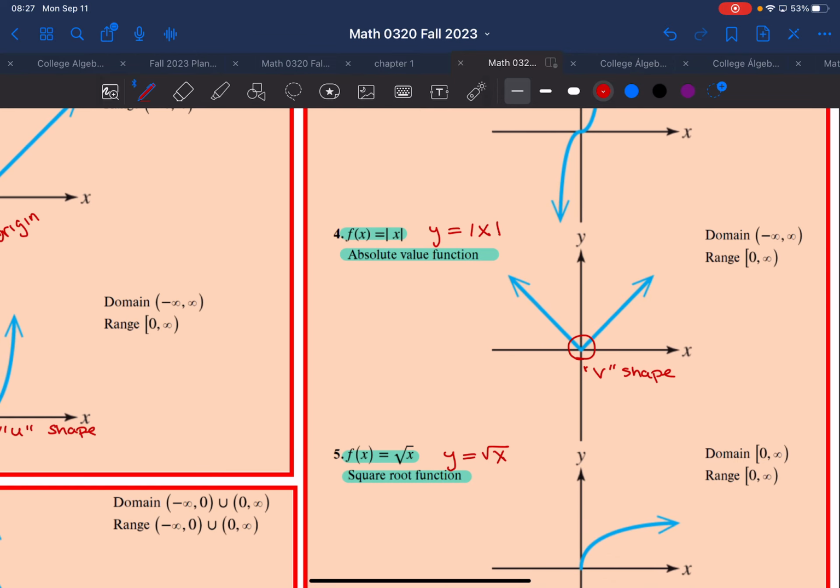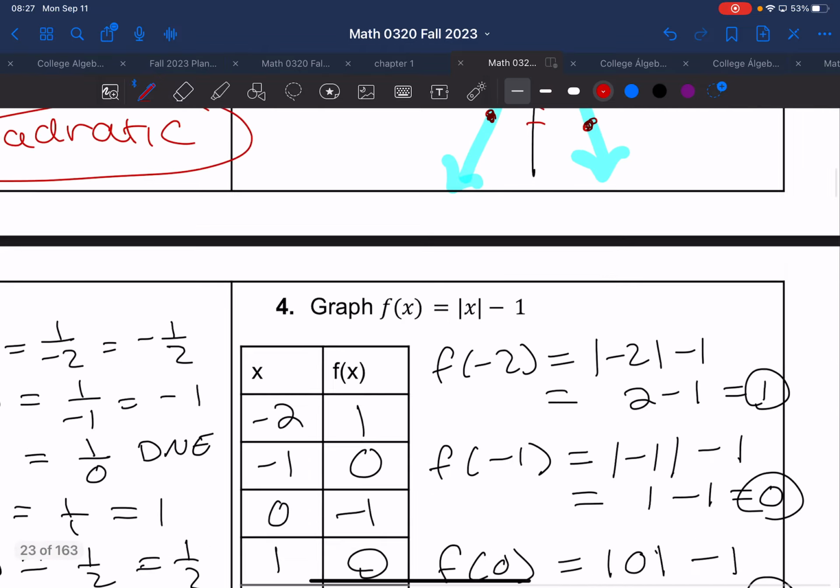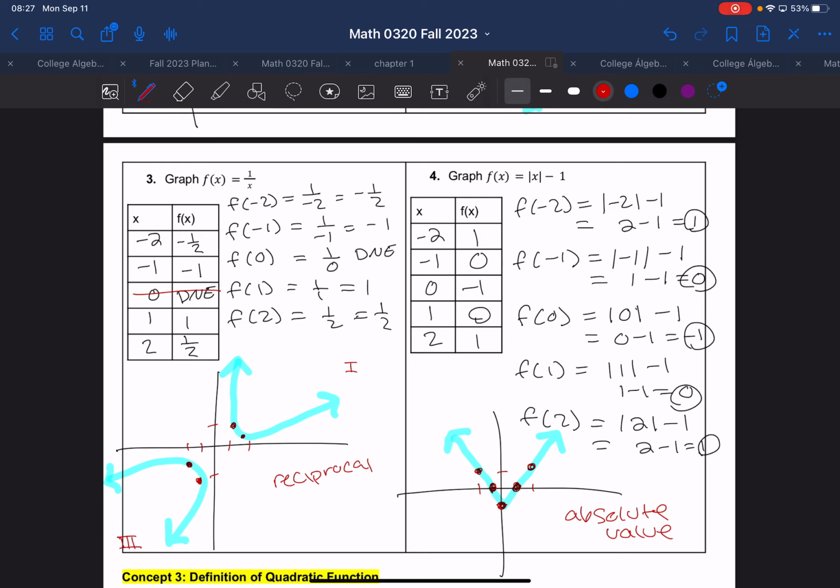At what point? 0. It was at 0, the origin. And then when we graphed it, since they added that -1 to the end, our absolute value function went down 1. So it's no longer at the origin, now it's at -1.